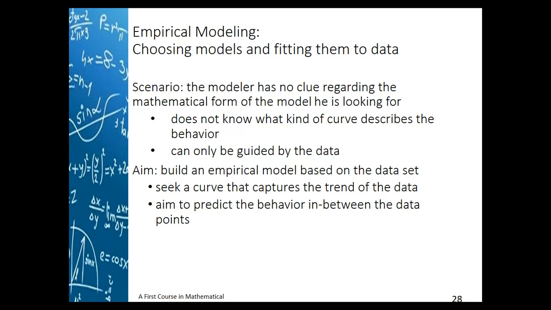So you are blindfolded by the underlying model. You only have the data. Your aim is to build an empirical model based on the data set. You need to find the right curve to capture the trend of the data, and you want to predict the behavior in between data points.